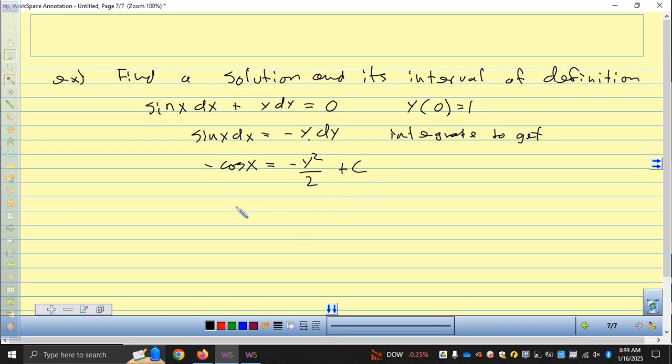And when x equals 0, y equals 1. So we're using our initial condition there. We get negative cosine of 0 equals negative 1/2 plus c. So negative 1 equals negative 1/2 plus c. And that tells us c is negative 1/2.